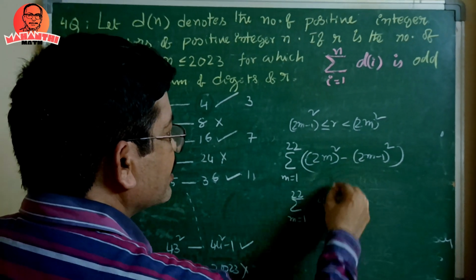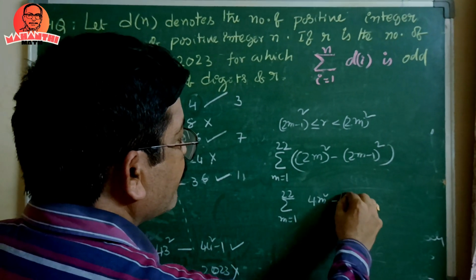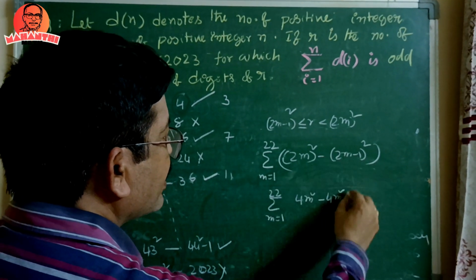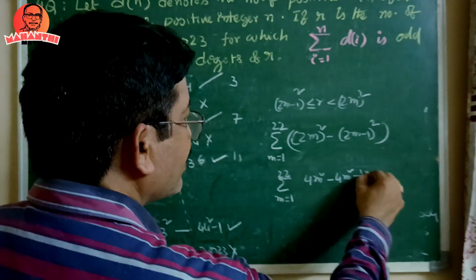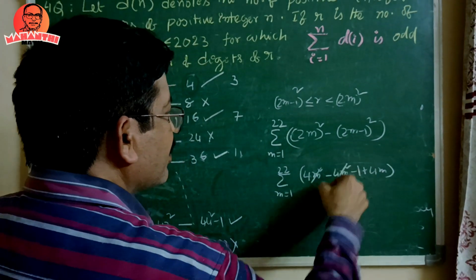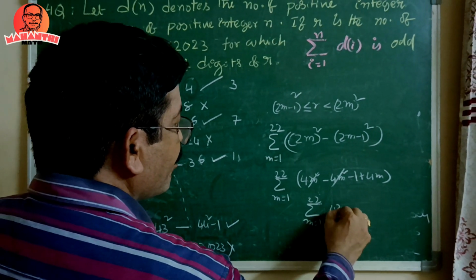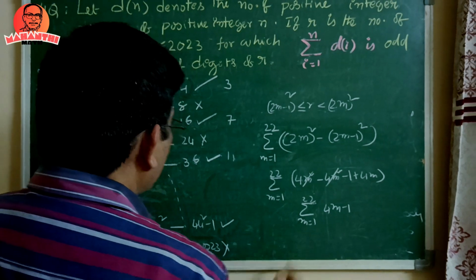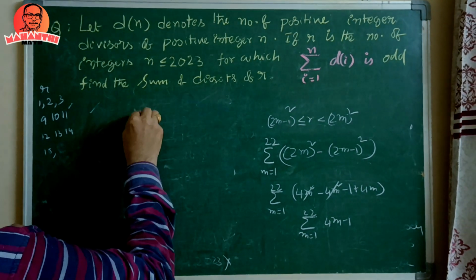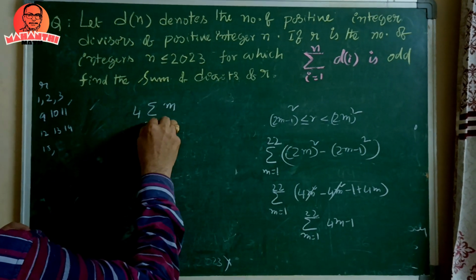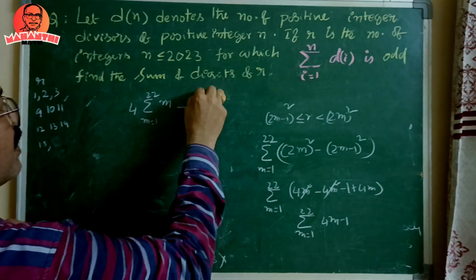Simplify this one: 4m square minus a minus b whole square, a square, that is 4m square, plus b square, but minus 1 is there, minus 2ab, minus 2ab means minus 4m, so plus 4m. Now 4m square cancels. This is sigma m equal to 1 to 22, 4m minus 1. This is nothing but, now I will rough this one, 4 sigma m equal to 1 to 22 minus sigma 1, m equal to 1 to 22.